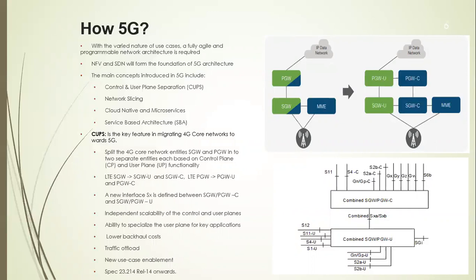For example, if you want to create a session, S gateway, P gateway and MME are all involved at the time of signaling for the session creation. And later on, S gateway and P gateway are involved in transferring the user data from the UE to the data network. So it's a kind of co-located control and user planes.